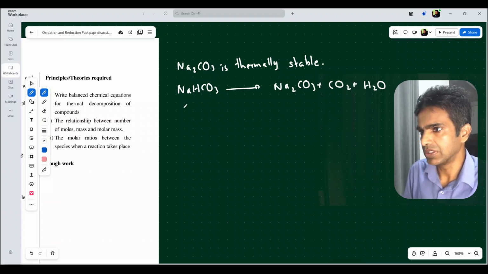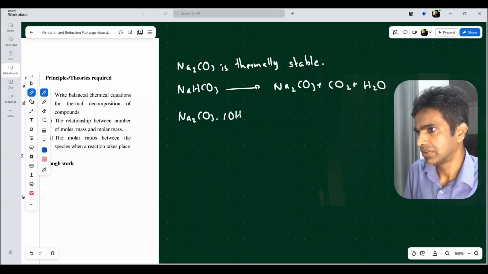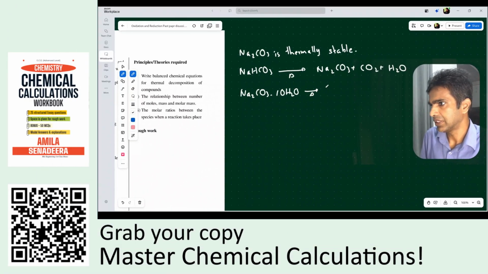Then what about the hydrate of sodium carbonate? It decomposes to anhydride of sodium carbonate and water vapor. So we can balance these reactions like this.